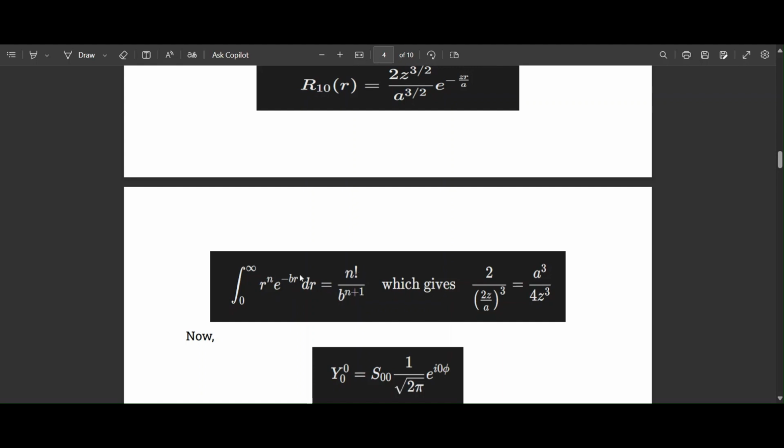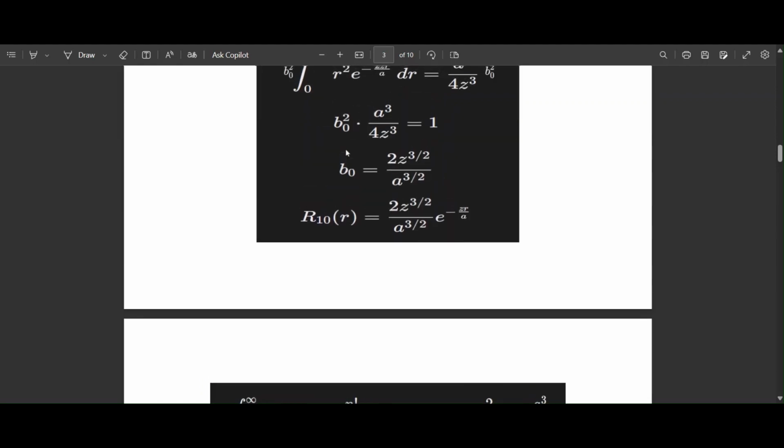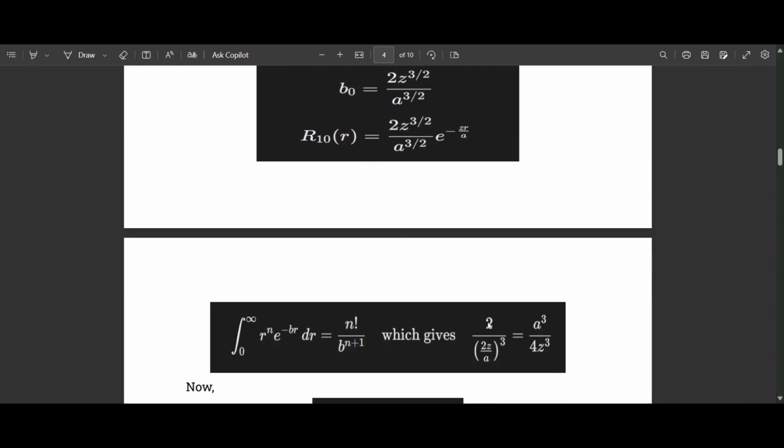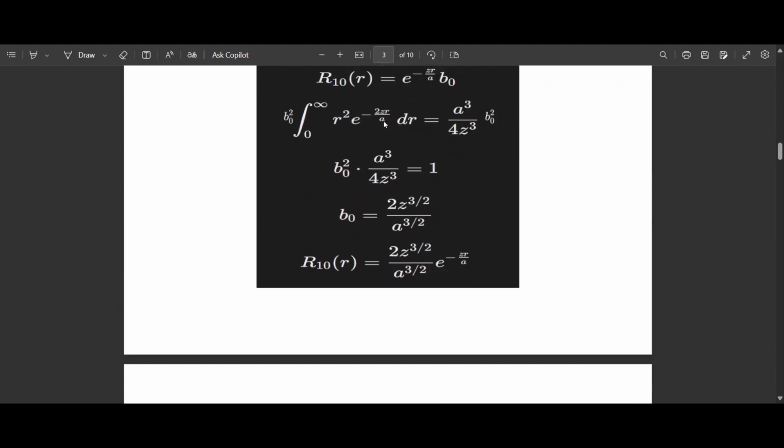So your n factorial, यहाँ पे r का n था यानी कि 2 पावर थी, तो 2 का factorial is 2, right?